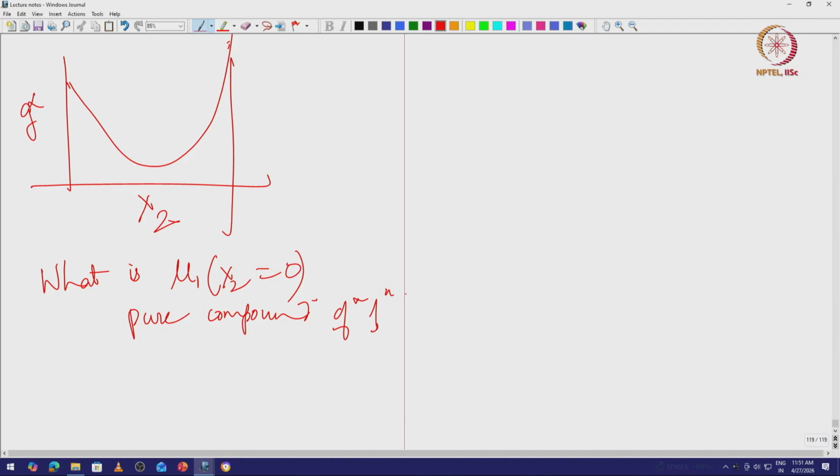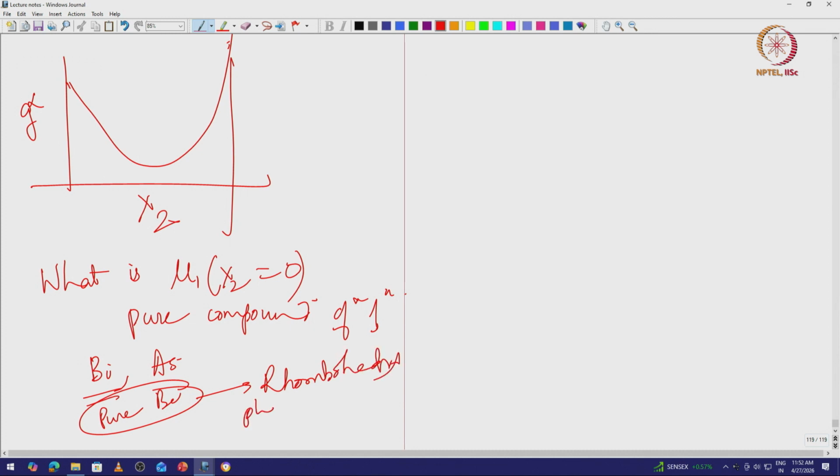So I have bismuth and, let us say, arsenic. I am not mixing bismuth and arsenic, I just have pure bismuth, and pure bismuth has some rhombohedral phase. So that is my alpha phase. So now pure bismuth, without contaminating it with arsenic, so no contamination with arsenic.